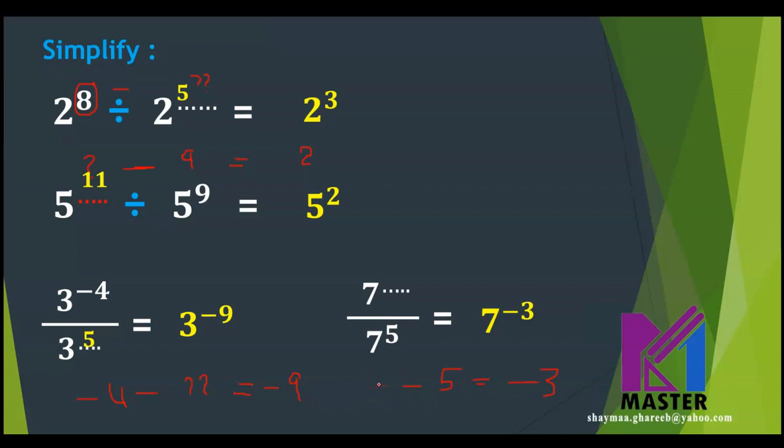What do you think? What should I do? So this number will be a positive number, which is number 2. So 2 minus 5 gives negative 3. So the missing power here is 2. Is this clear?